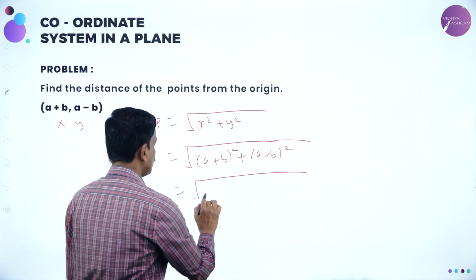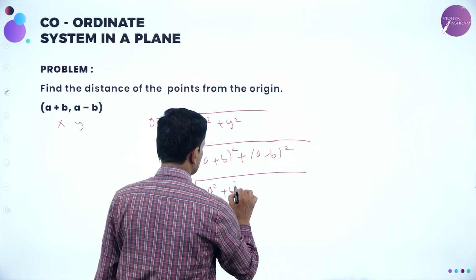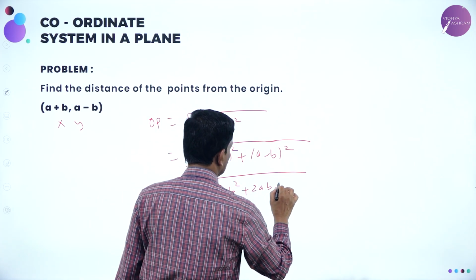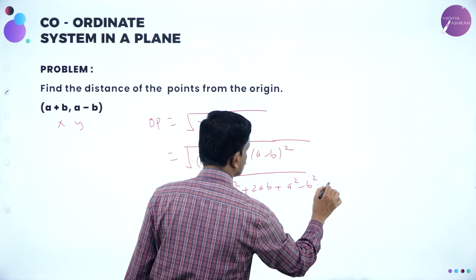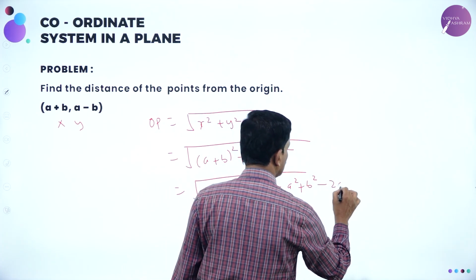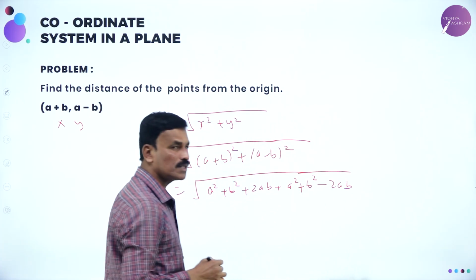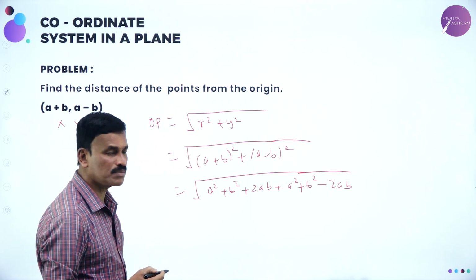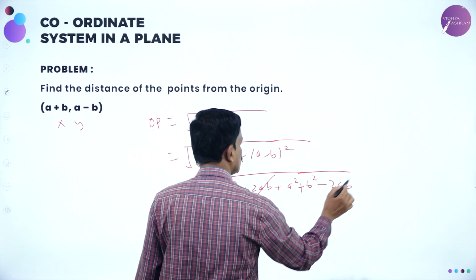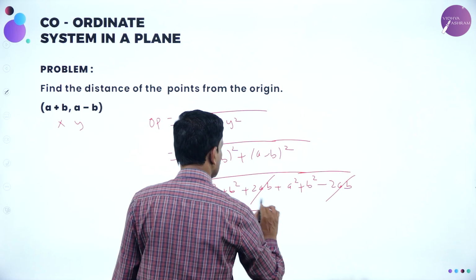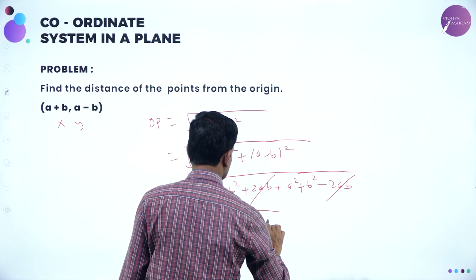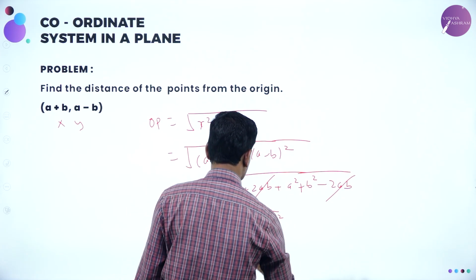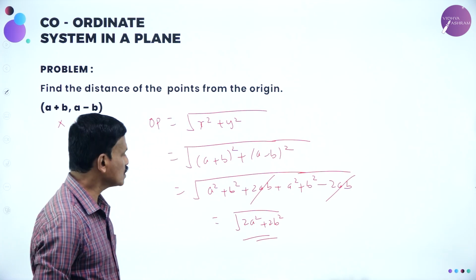Apply the identities: a square plus b square plus 2ab plus a square plus b square minus 2ab. Minus 2ab plus 2ab gets cancelled. A square plus a square is 2a square, plus 2b square. Root of 2a square plus 2b square is the distance.